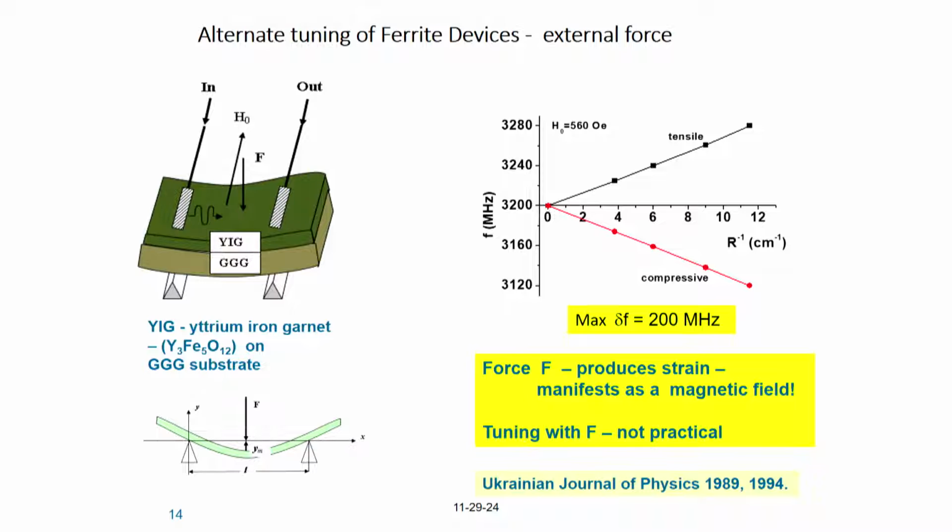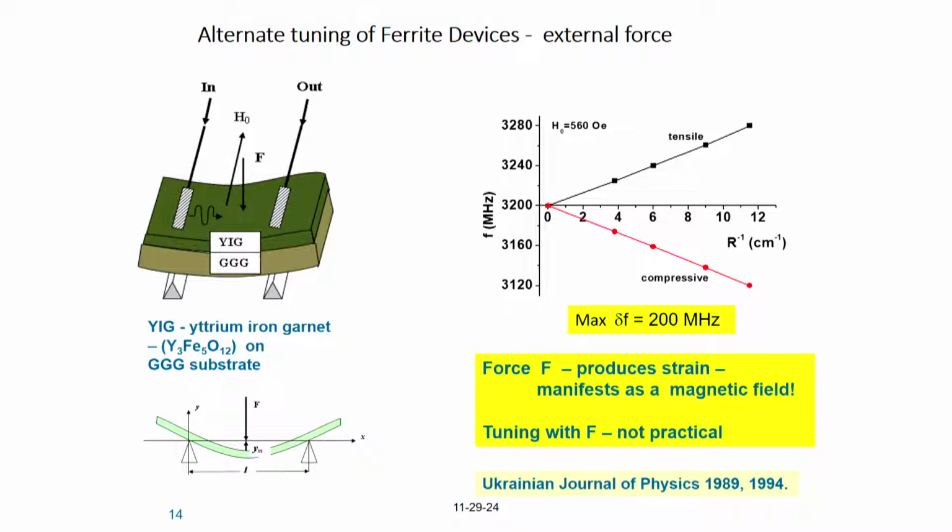Then they applied a mechanical force onto the film, and depending on whether the force is tensile or compressive, they were able to tune the ferromagnetic resonance, and that's what is shown here. In one case there was an increase in the resonance field, and when it was compressive, the resonance field decreased. So they were able to demonstrate that you can tune it with a mechanical force.